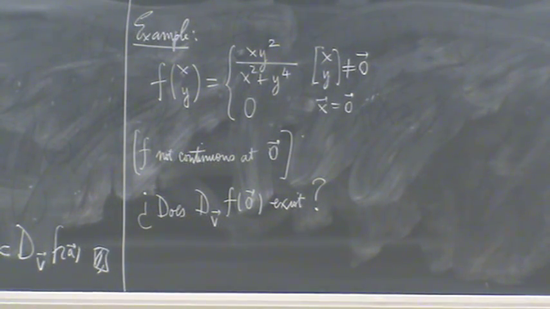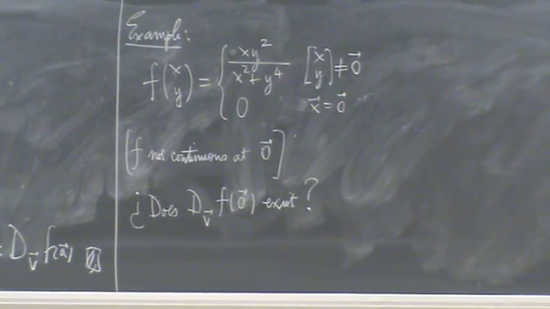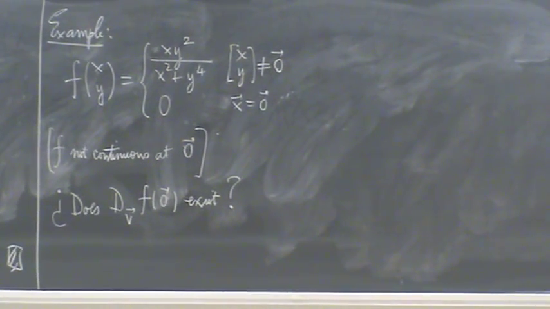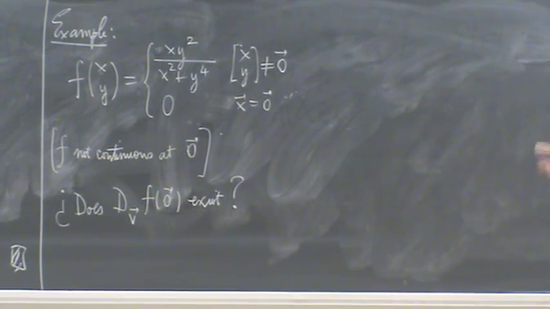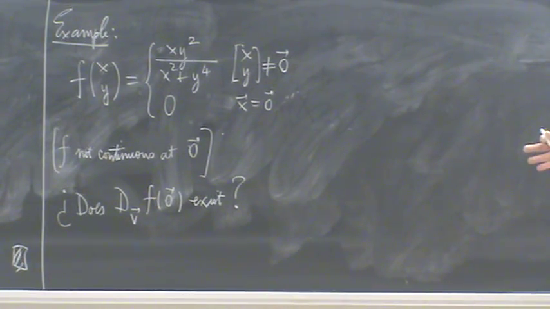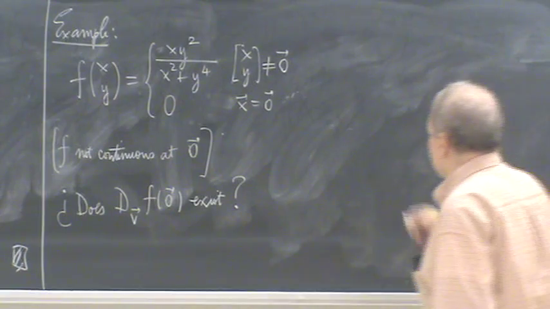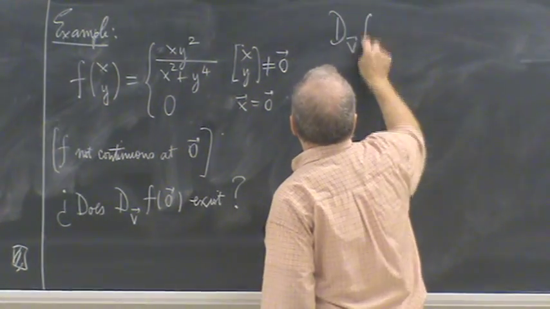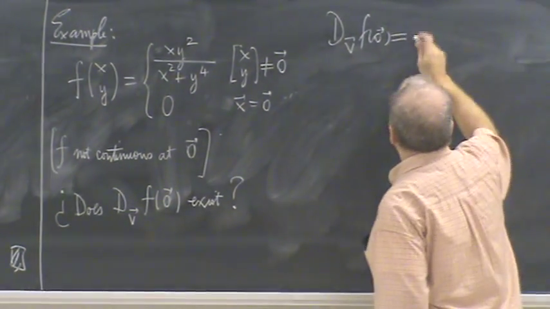How would you decide what a directional derivative at the origin was? Well, what's the a? 0, and what do I do with v? Since I don't have a concrete numerical v, call it v1, v2. So let's just say the directional derivative of f at 0 is the limit.